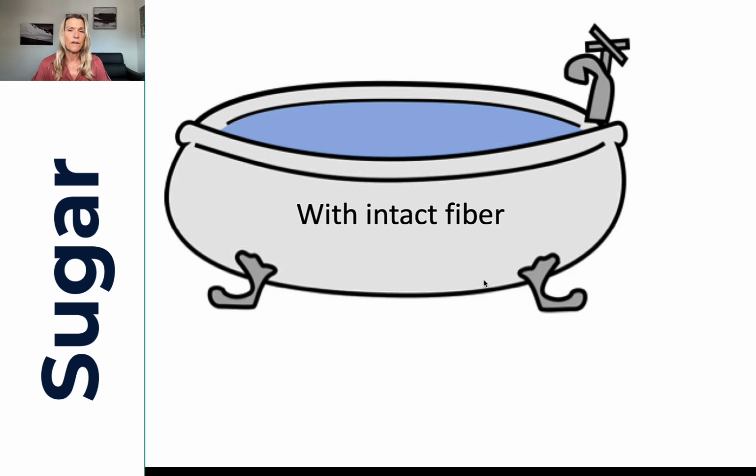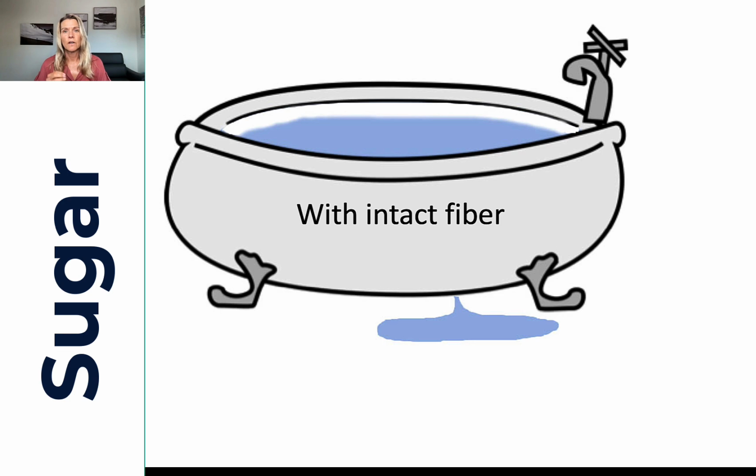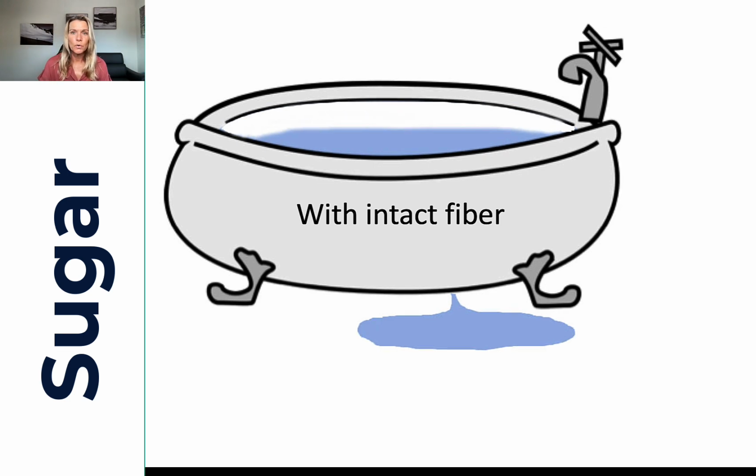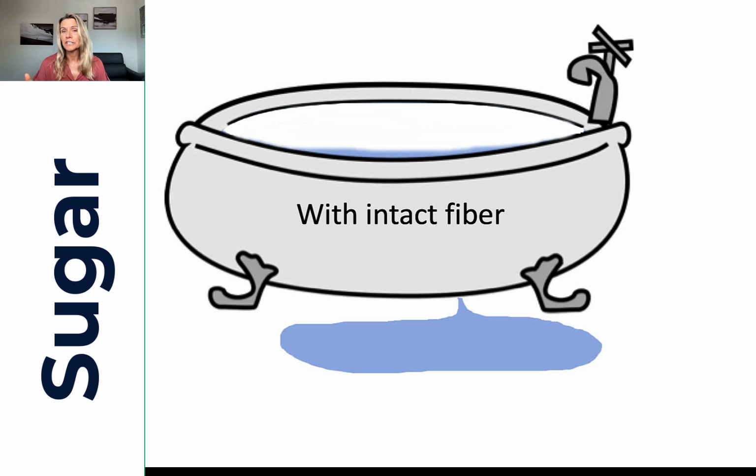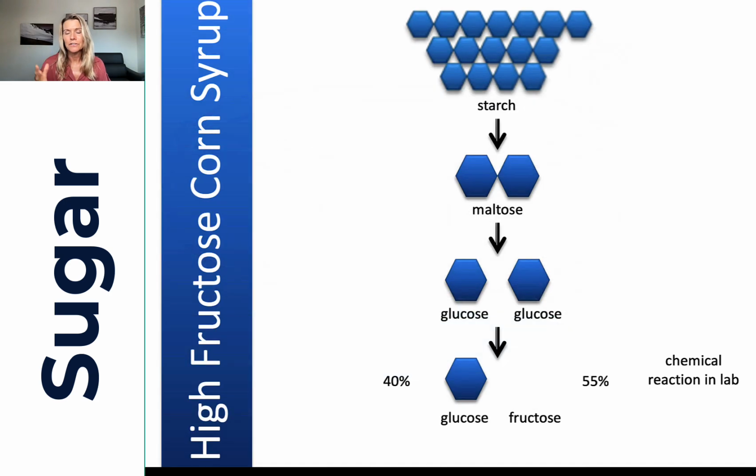But let's say you do have the intact fiber. So the analogy is that drain is actually working. I mean, you've seen it. And then maybe it has some stuff from the bathtub in there. And it's kind of this really slow draining process. And that is essentially the analogy you can use when you think about it absorbing into the bloodstream.